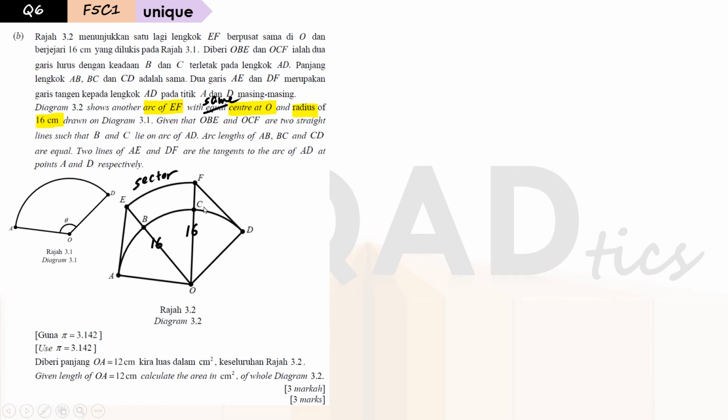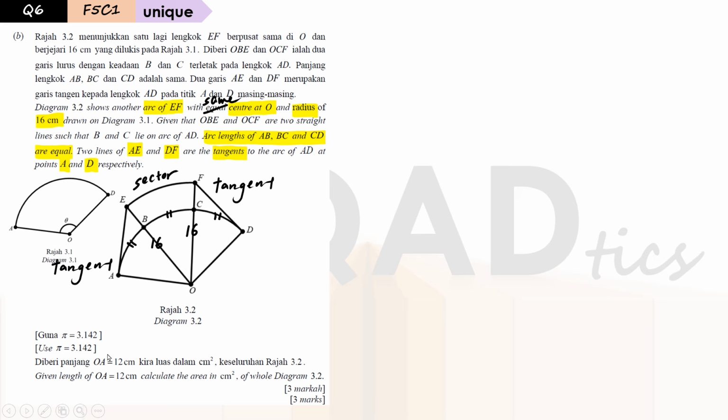The next thing given here is that the arc lengths of AB, BC, and CD are equal, which means the three arcs have the same length. This diagram also added another two new lines, which are lines AE and DF, and both of them are tangents to the sector OAD.